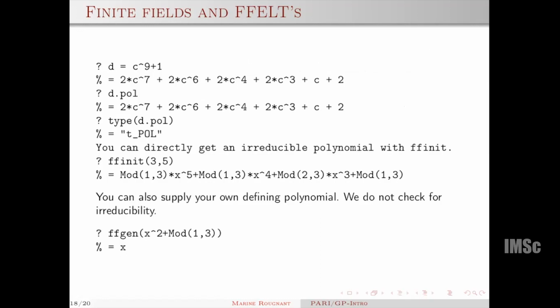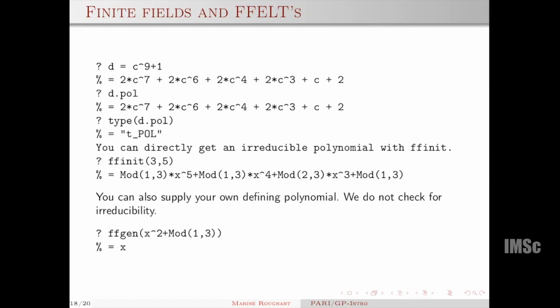So here, I define a new finite field element, which is B, defined by C to 9 plus 1. B is given by this polynomial in C, where C is the generator of your finite field.